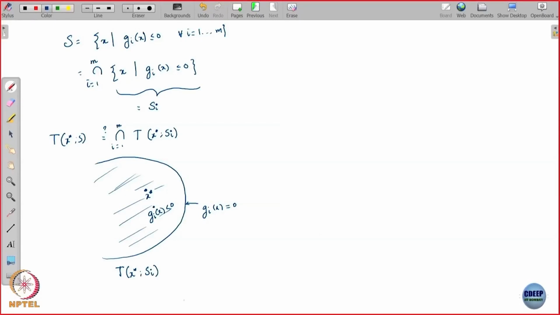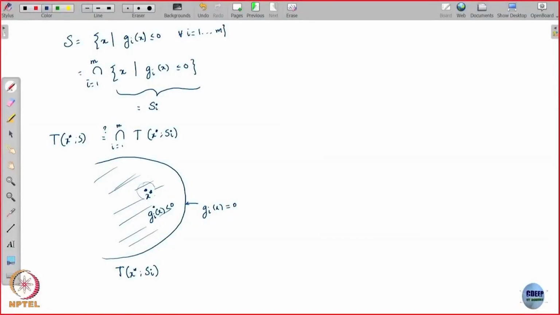Now, this sort of point lies in the interior of the set, and we had seen last time that if you have a point that lies in the interior of the set, then the tangent cone is the entire space. You can approach the point from every possible direction in the ambient space. Consequently, for such a point, the tangent cone is actually R^n.